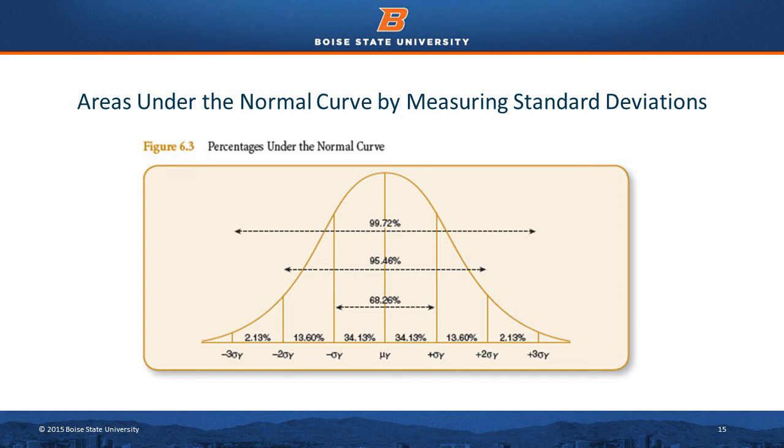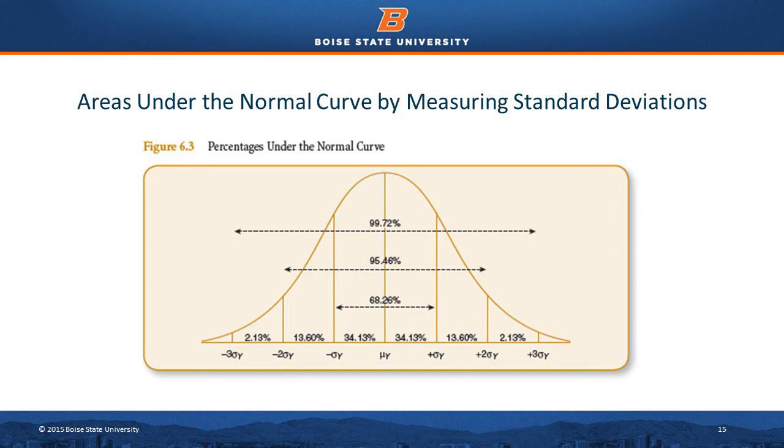Therefore, we would add 49.86% plus 49.86% to obtain 99.72%. We would state that 99.72% of the scores lie between three standard deviations below and above the mean.